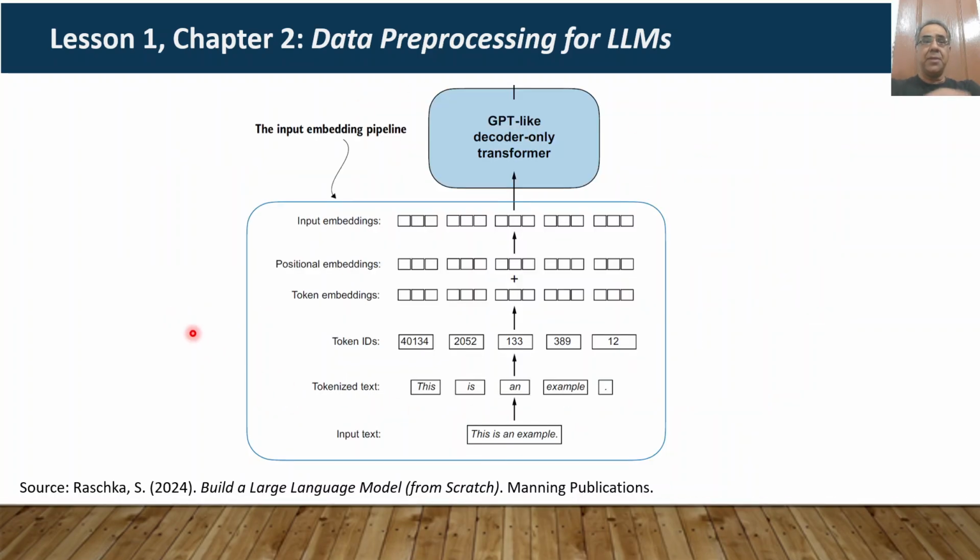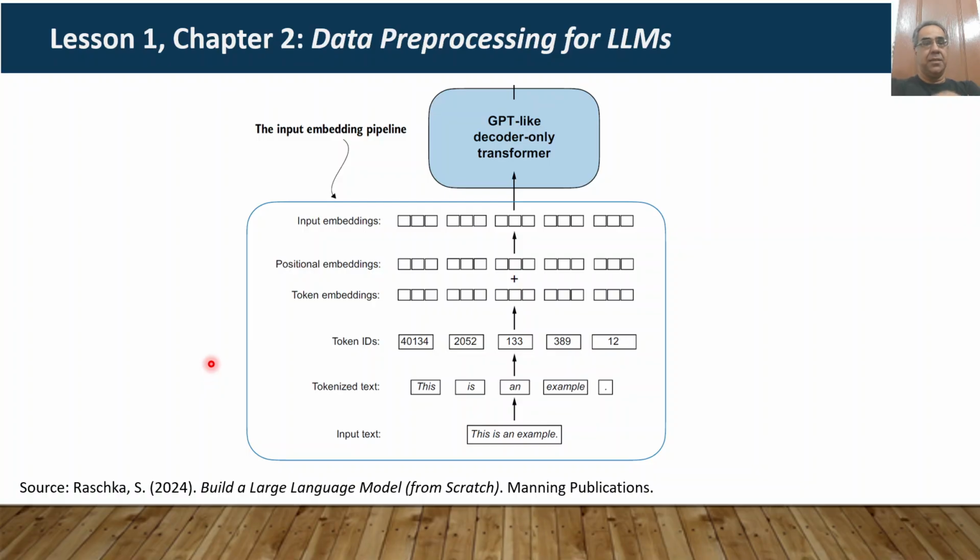Okay, the summary of this chapter, which was about the input processing pipeline in the front end of the LLMs, is depicted in this figure. At the first step, input text is broken up into individual tokens, tokenization.